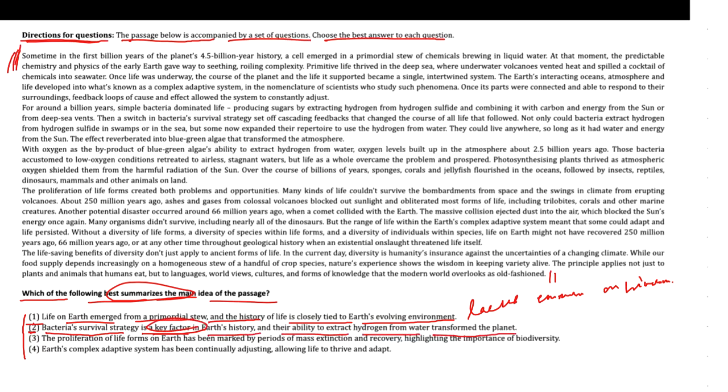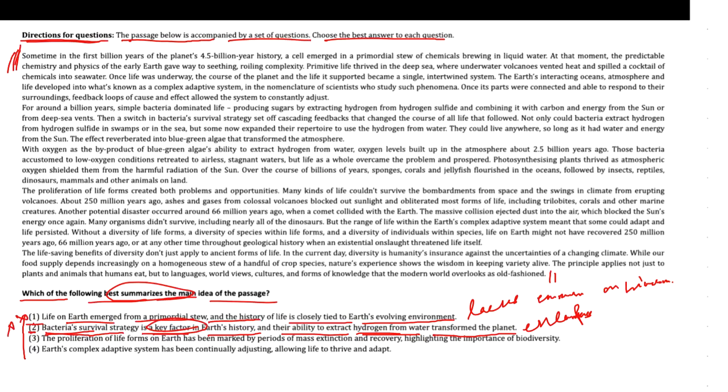Now, if I look into this, it doesn't encompass the entire main idea of the passage. The passage discusses more than just bacteria, right? Bacteria is a survival strategy, isn't it? So hence you would find option two stands incorrect.